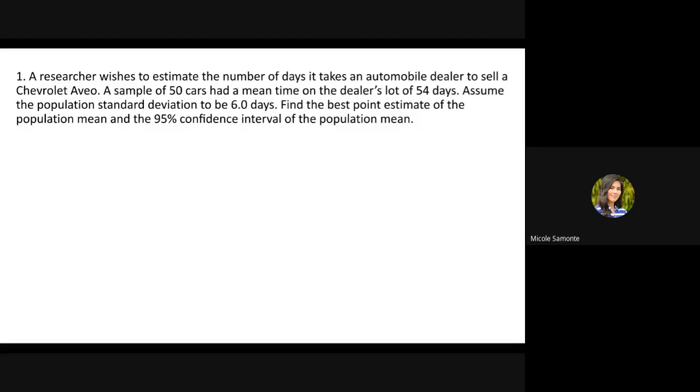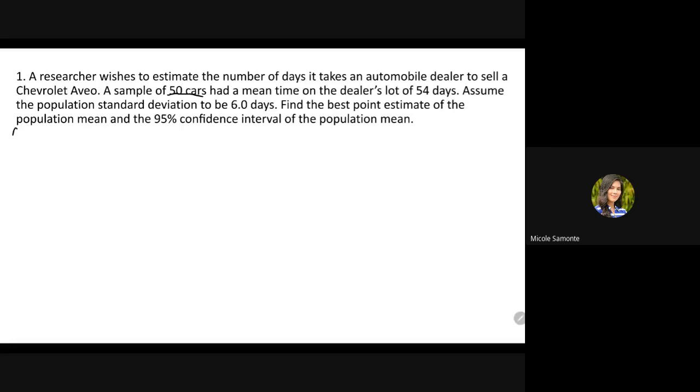A sample of 50 cars has a mean time on the dealer's lot of 54 days. Assume the population standard deviation is 6.0 days. Find the best point estimate of the population mean and the 95% confidence interval of the population mean.